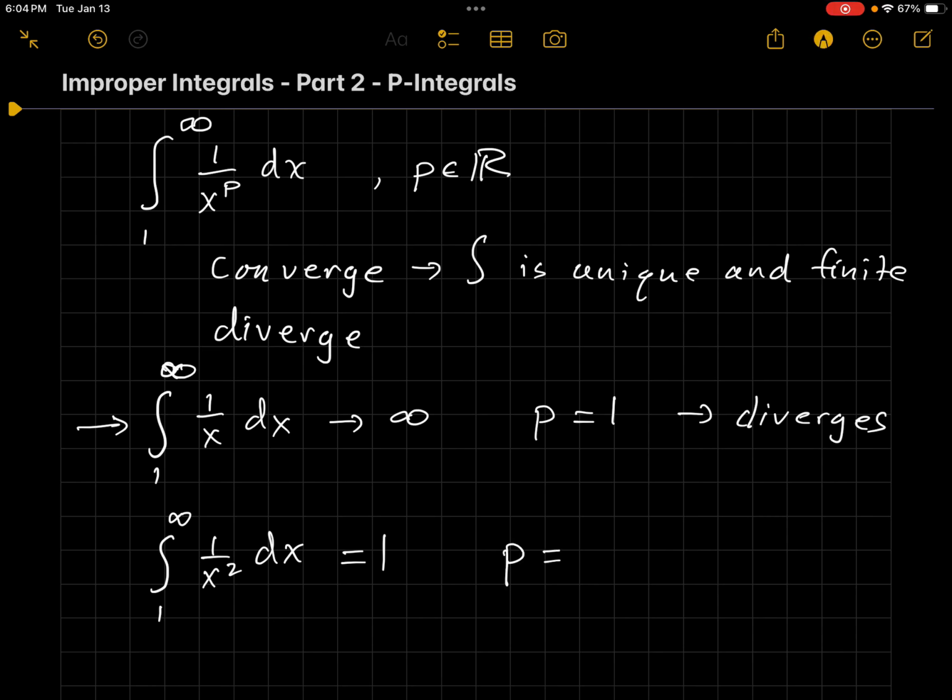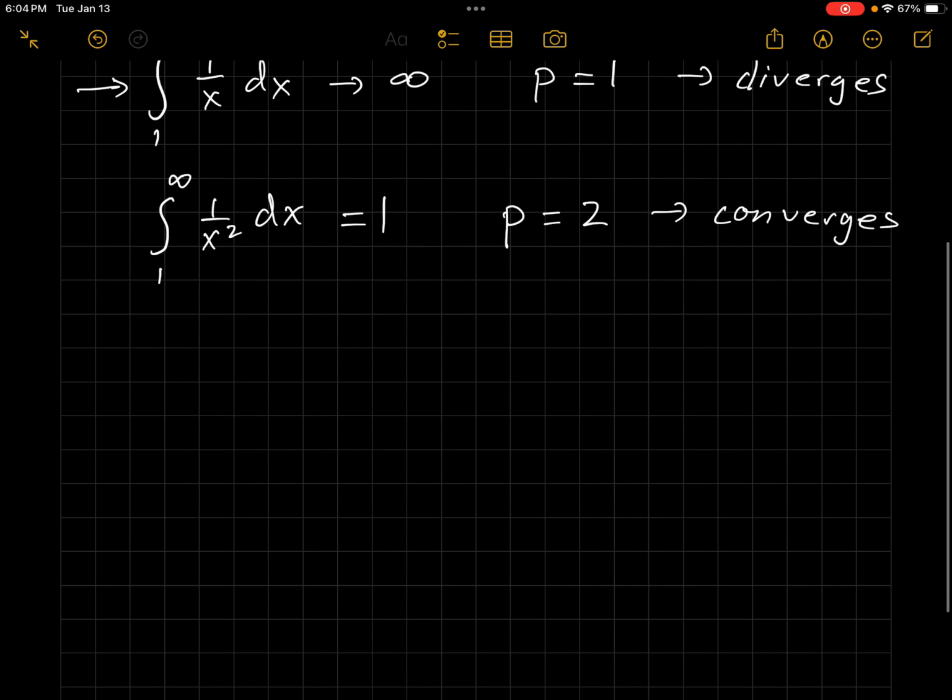So when the power was 2, we saw that the integral converges. So how can we tell when the integral will converge or diverge based on the power? That's what we're going to look at in this part.